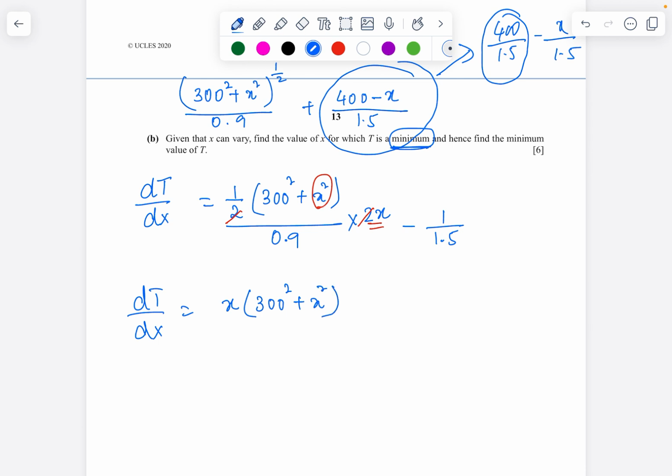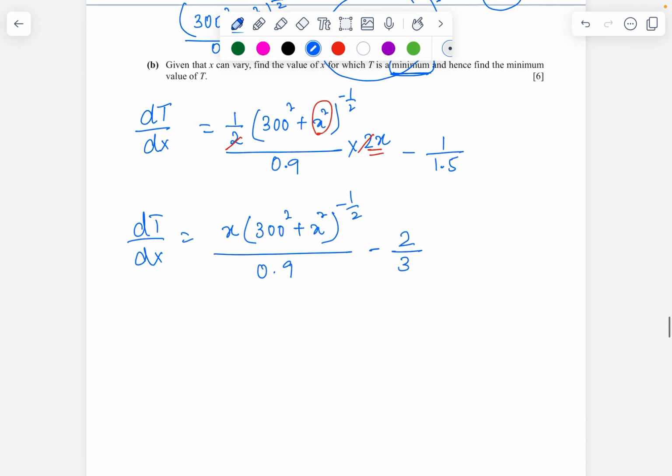Oh, I forgot here, negative 1 over 2. Negative 1 over 2 over 0.9 minus, this is 1 over 3 over 2, so I will write it as 2 over 3. Is it okay until here?